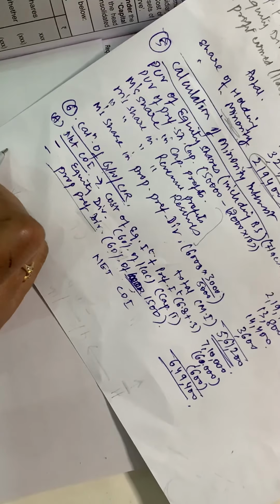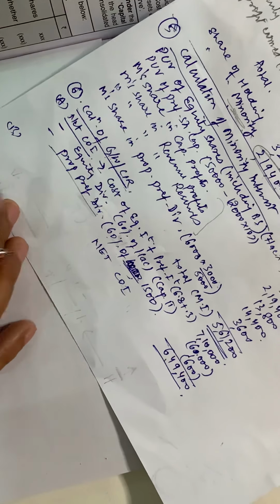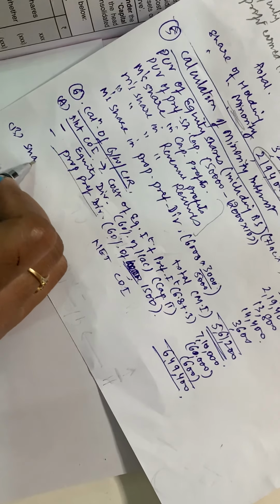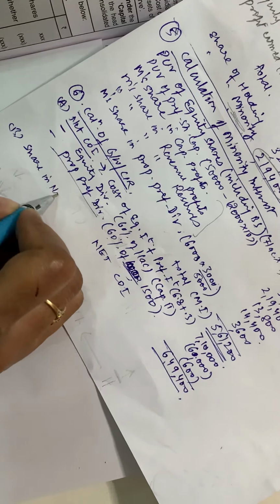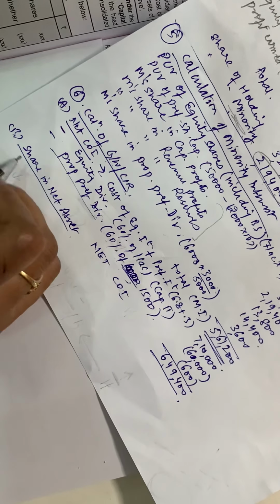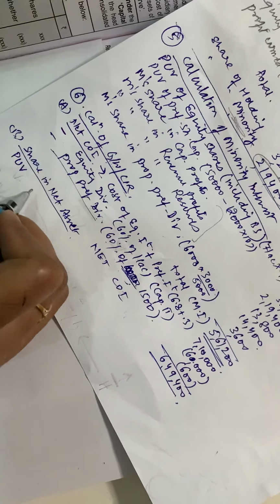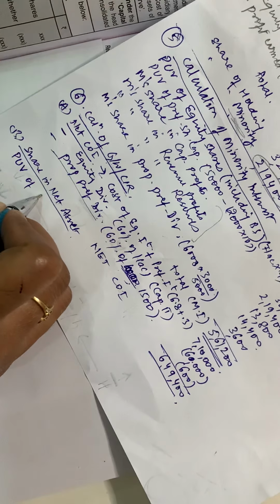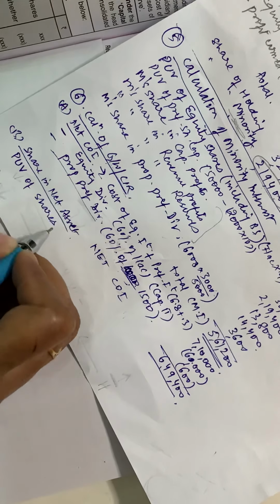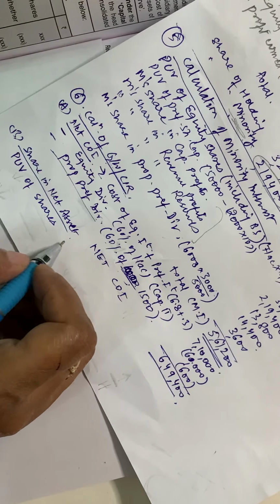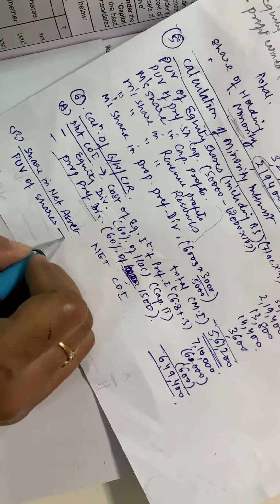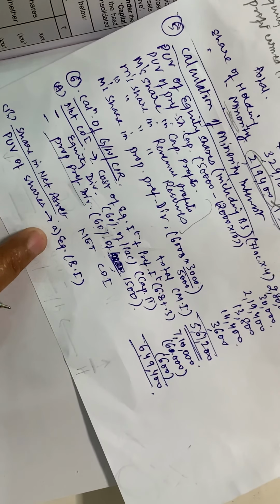The second thing which I am going to calculate over here is the share in net assets. Of course, share of H. The share of H in net assets is nothing but the paid up value of the shares, and you have equity which is inclusive of bonus issue. How much is that?